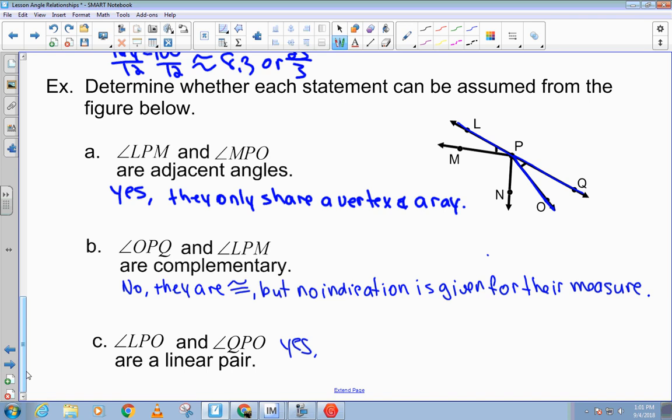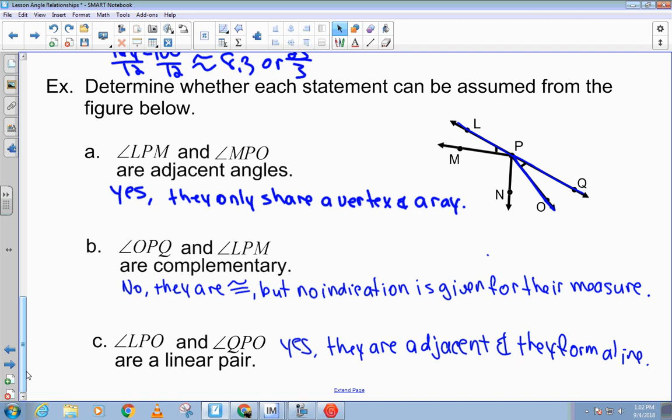They're adjacent, okay? So they are neighbors. And they form a line, yes? They're adjacent and they form a line together. Okay? Alright.